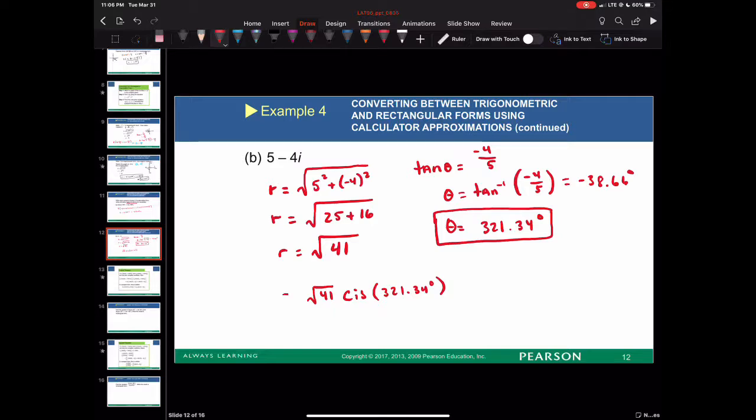And that is from your 5 minus 4i. So when you get used to doing this, it'll come easy to you. So just make sure you try these problems multiple times.